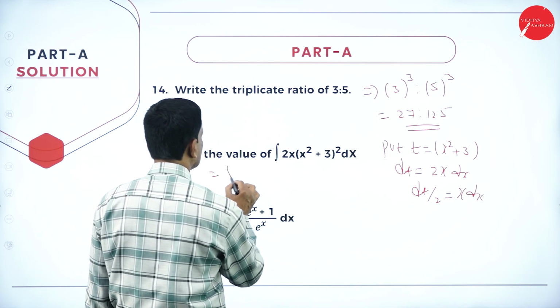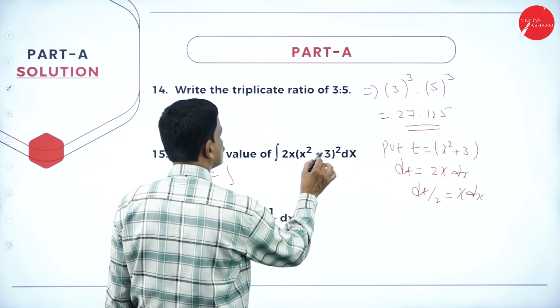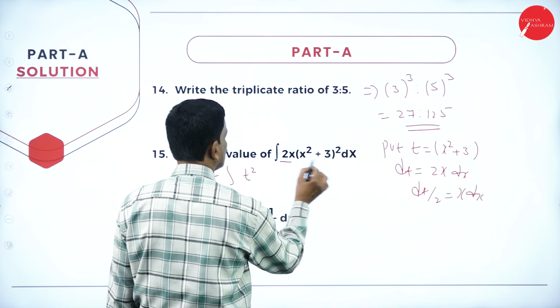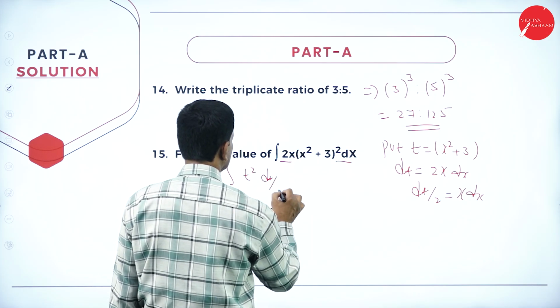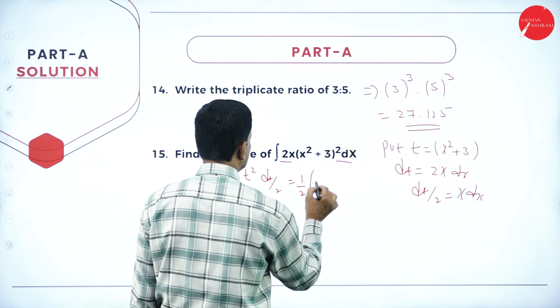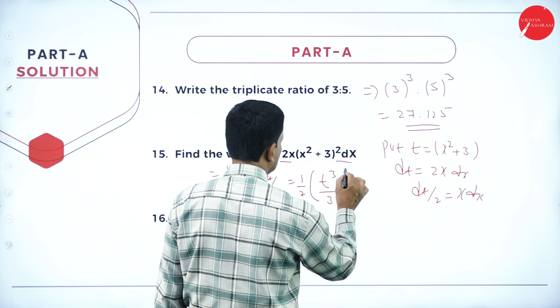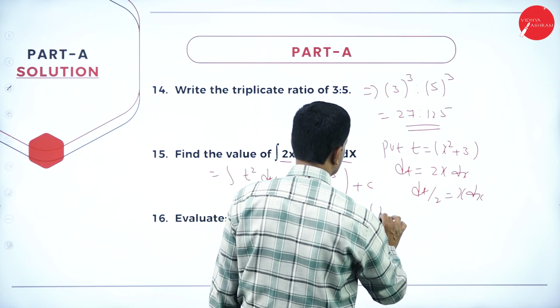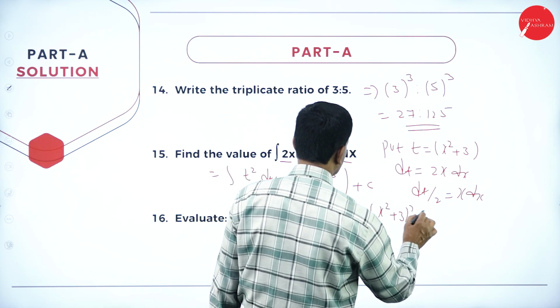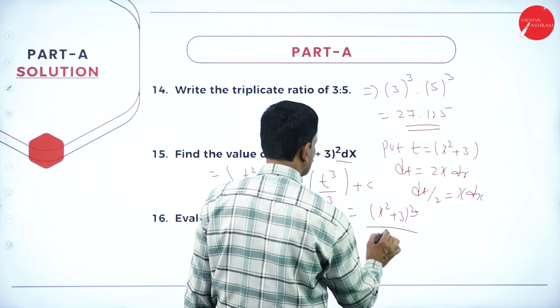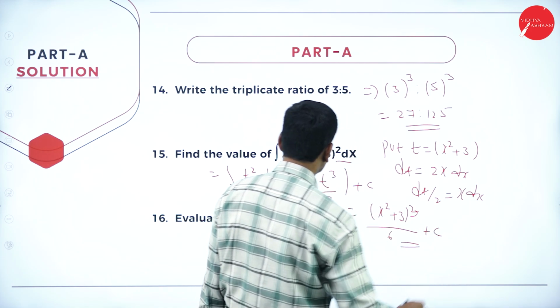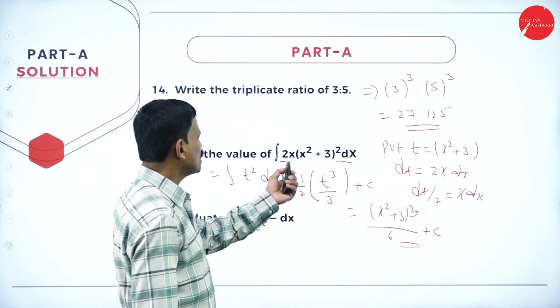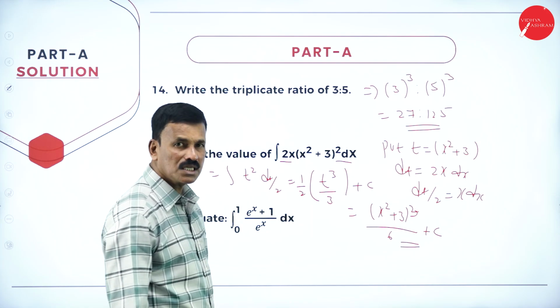Thus the given integral can be written as integral of t square, with 2x dx equal to dt, so 1 by 2 out. Integral of t square is t cube by 3 plus c. So it is t cube by 3 times 1 by 2, and t is x square plus 3, giving (x square plus 3) whole cube divided by 6 plus c as the integrated answer.